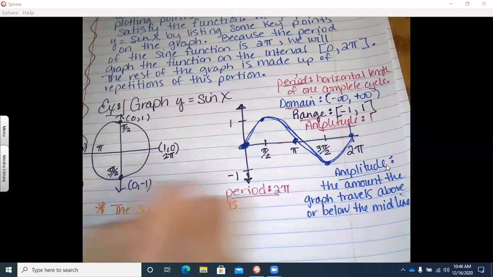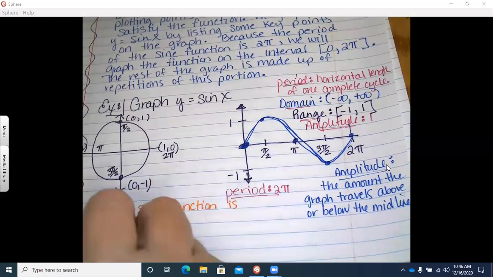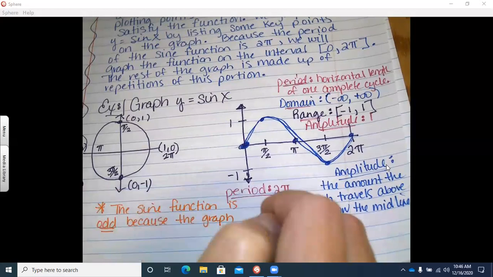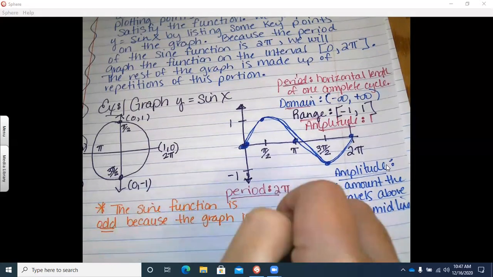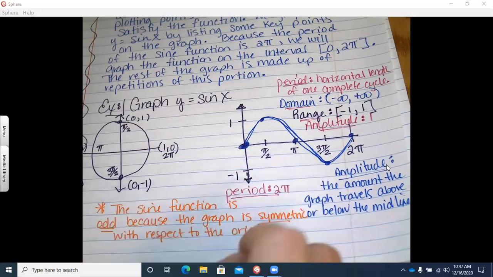It's odd because the graph is symmetric with respect to the origin. Any graph that's symmetric about the origin is called an odd function, not because it's weird.